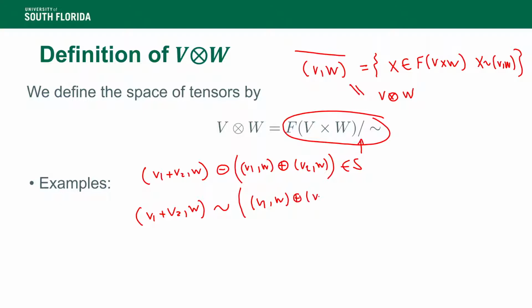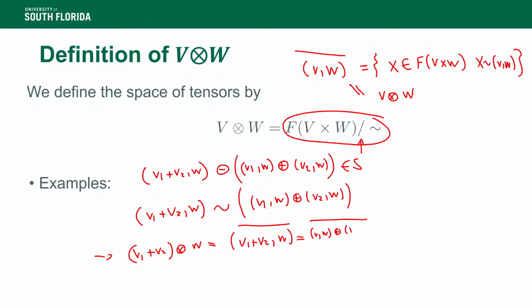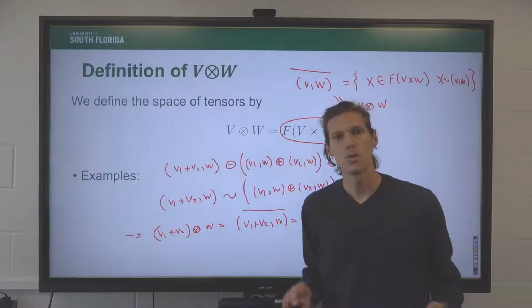formal plus V2W. So what that means is that we have (V1 + V2) tensor W, which is by definition the class of (V1 + V2)W, that equals the class of V1W plus V2W, which itself is the class of V1W plus the class of V2W, and this is V1 tensor W, and this is V2 tensor W. So what have we proved here?